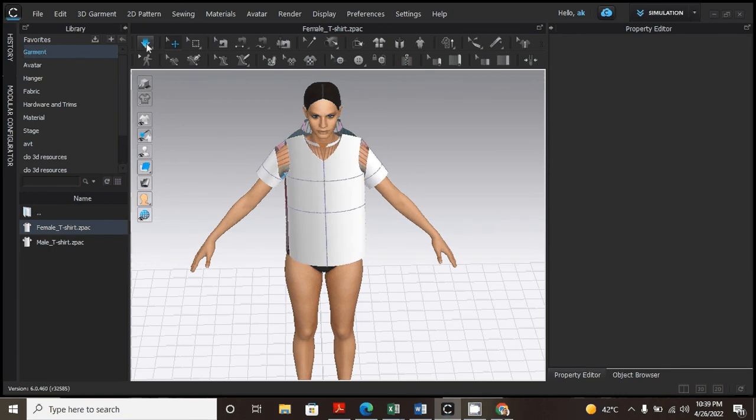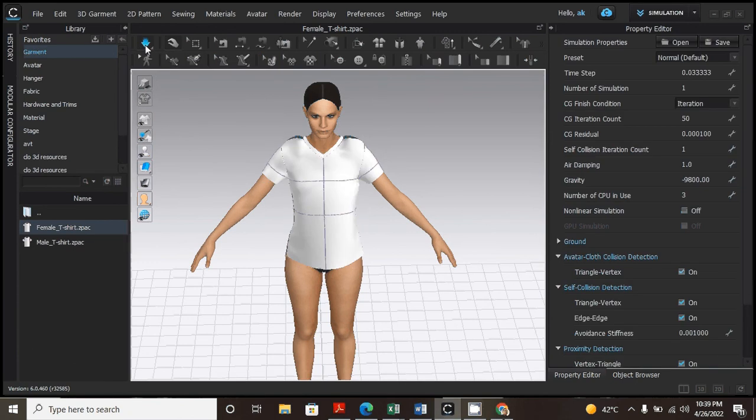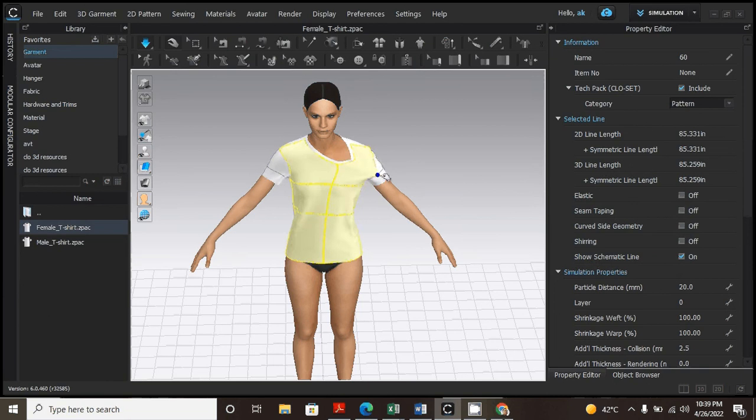I will show you the simulation right now. The simulation happened, and now the gizmo is converted into your hand tool. Once the simulation process is over, you will not find any gizmo there.